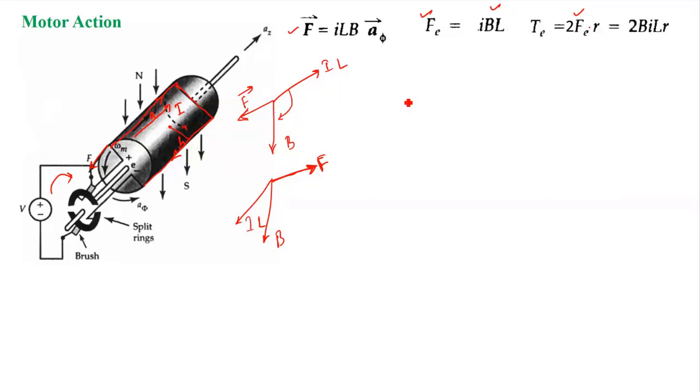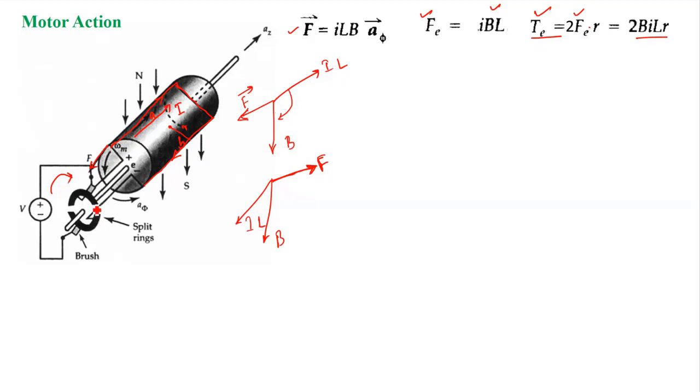So it will become 2BILR. This is the electromagnetic torque developed on this coil, which is placed in the uniform magnetic field.